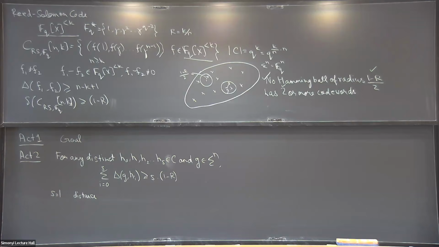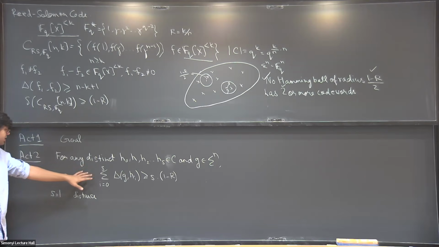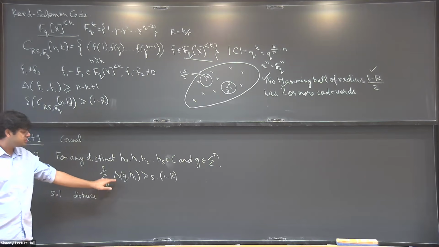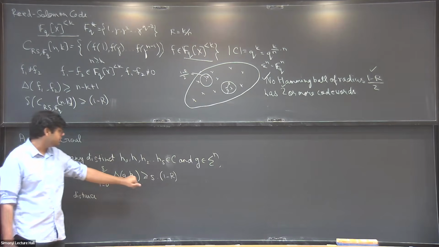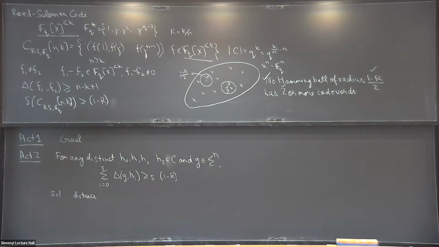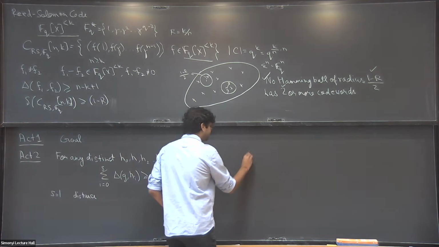So we're saying this is like list decoding because if you look at this as an average, then there's one. Yeah, I'm going to comment on that. First of all, for S equals 1, this just means distance because delta of G, H0 plus delta of G, H1 is at least 1 minus R. That's just triangle inequality once you have distance. So it goes both ways.